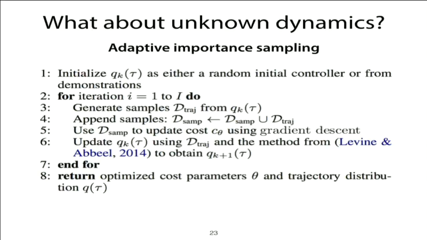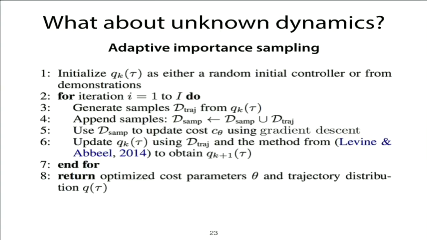Going back to the math, what this looks like is we initialize our Q and then iteratively generate samples from Q in step 3, appending those samples to our existing set of samples. We use our set of samples and the demonstrations to update our cost using gradient descent, using the gradient of this objective right here.